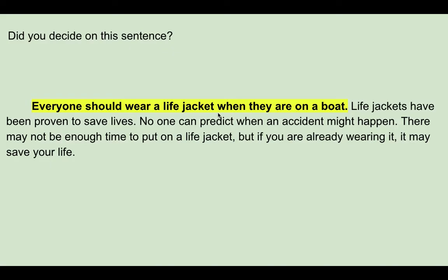Does that support why someone should wear a life jacket when they're on a boat? Yep. There may not be enough time to put on a life jacket, but if you are already wearing it, it may save your life. And does that sentence support why someone would want to wear a life jacket while on a boat? They do. Each of those sentences support the topic sentence.